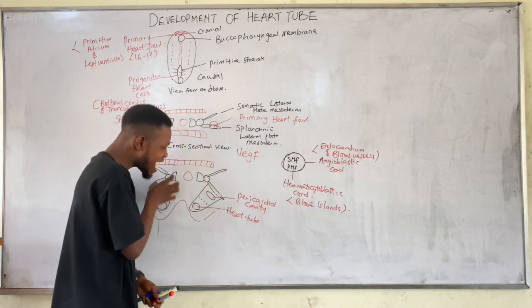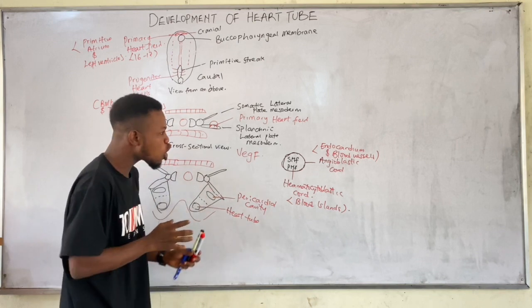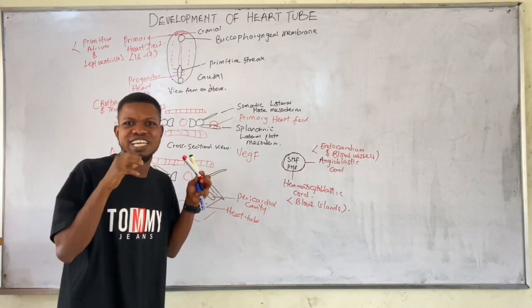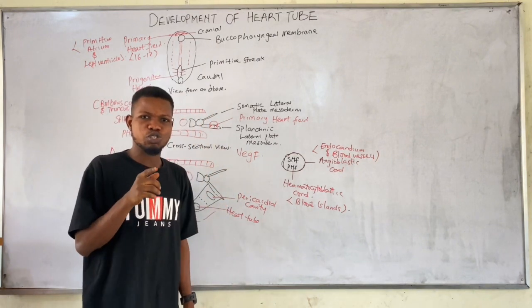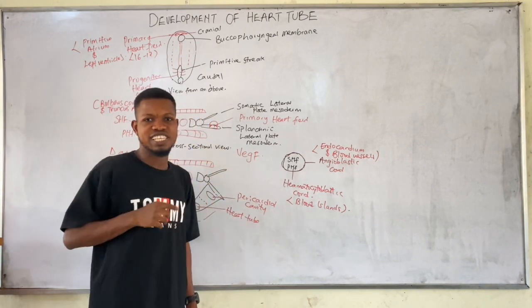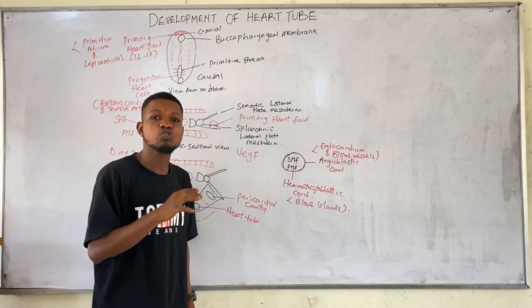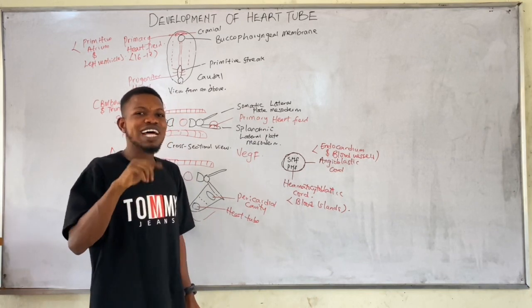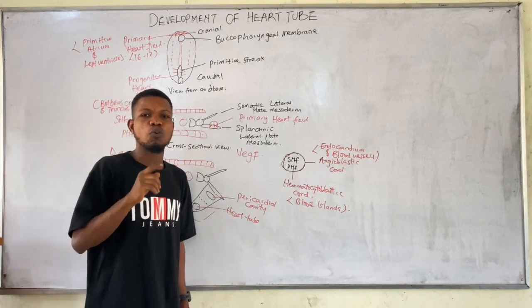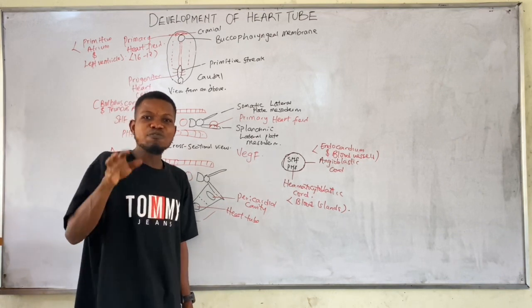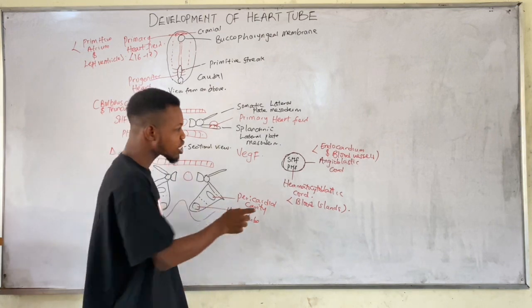Apart from specializing the splanchnic mesoderm, it is also forming vessels along the heart. Then formation of more vessels. This process is what we call vasculogenesis. The process involves formation of vessels of the heart. Though more vessels of the heart will be formed later on, which I'm going to talk about in my other videos. That is what we call angiogenesis, where you have more formation of blood vessels alongside the heart tube.